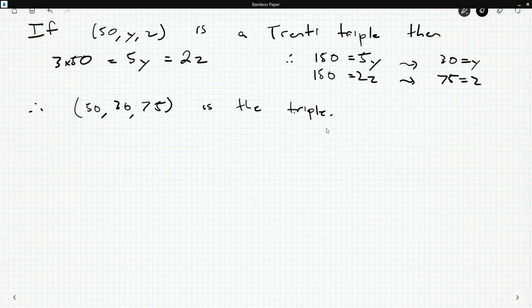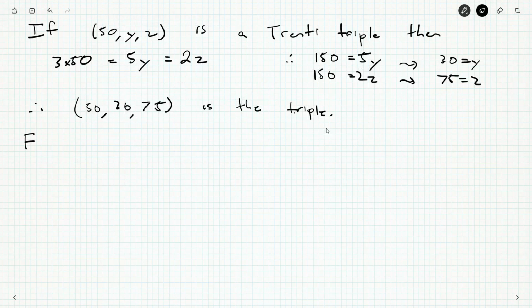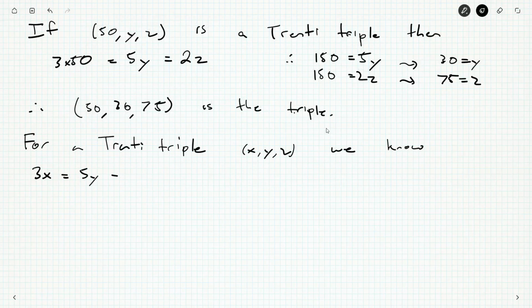Okay, so for a Trenti triple x, y, and z, we know that 3x is equal to 5y is equal to 2z.